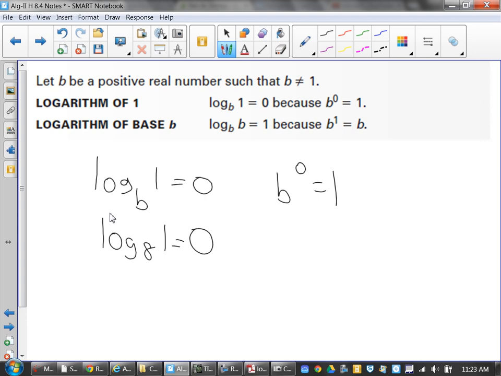That's your base, and that's a base. 1 is just the answer. So it's like if 1 was y, it would be log base b of y. Okay. Same idea here.